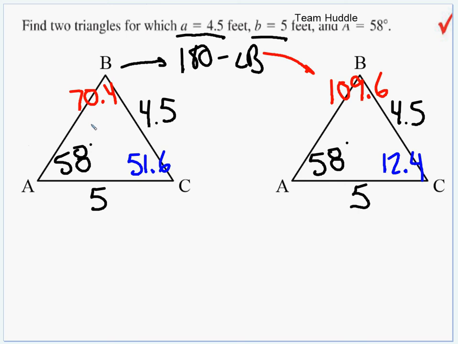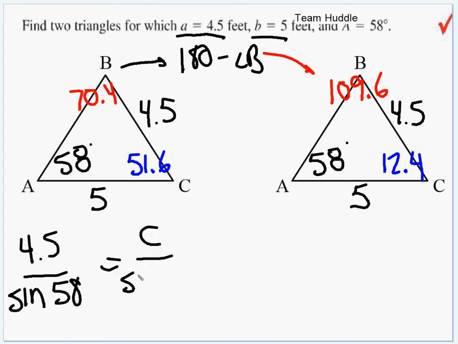We're just going to find the missing side C. So here on the left, let's use the given info again. That's going to be 4.5 over the sine of 58, and that is going to be equal to C over the sine of 51.6. And if you solve that one correctly, you're going to get C is approximately 4.2.